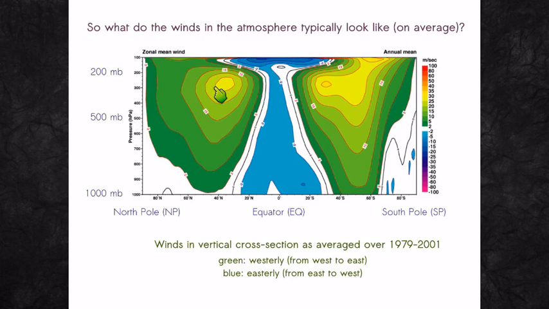If we put that into meteorology terminology, those are westerly winds, because they are winds that are blowing towards the east. So saying that again, the green values are in the direction that we're looking, which was eastward, and so they are westerly winds from the west. By contrast, the blue values go the other way, and so they must be easterly winds coming from the east.